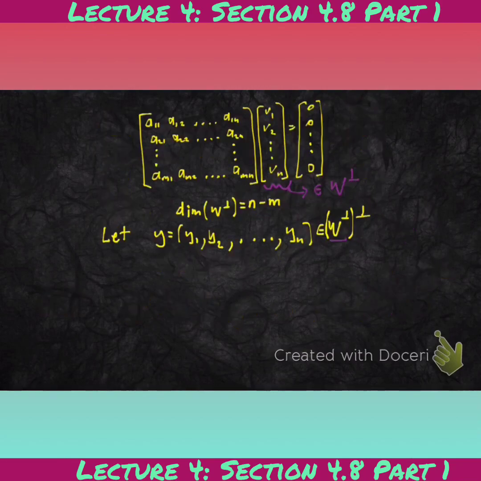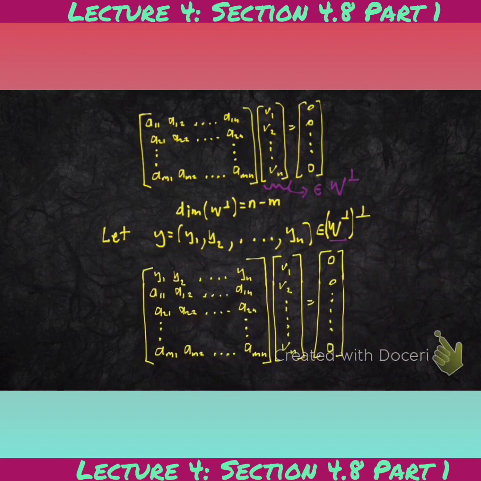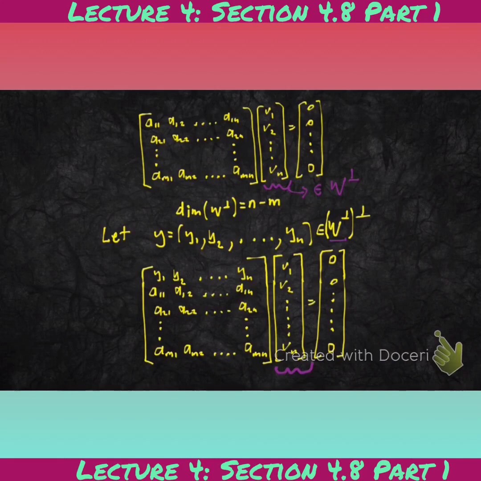All right, now forming again the same matrix type equation, if we set up that matrix equation, then again every vector that's chosen from the orthogonal complement of W has to be orthogonal to each one of these row vectors.